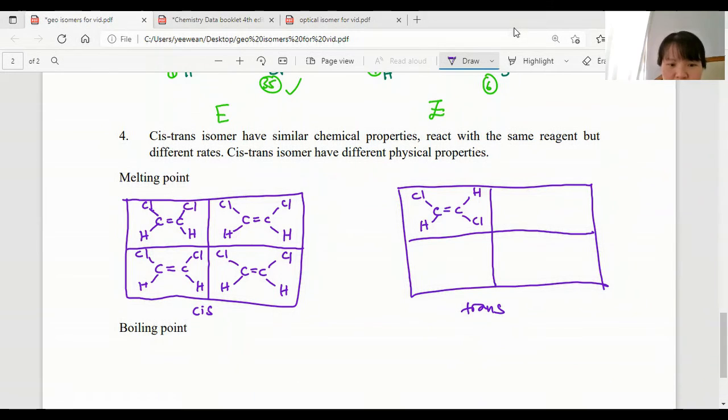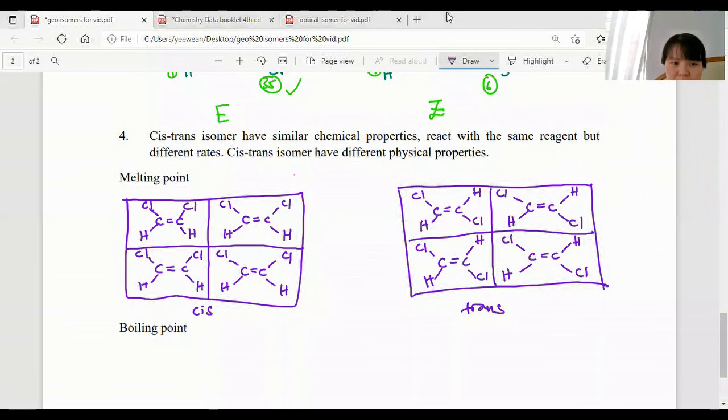So I try to arrange the cis and trans in solid state to demonstrate the melting point. So I put them close together like this so that I can compare the cis and the trans. Okay, so we know that Cl is slightly more negative, delta negative, compared to the hydrogen, delta positive.